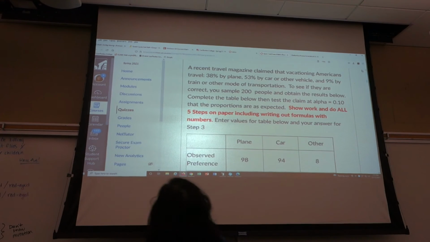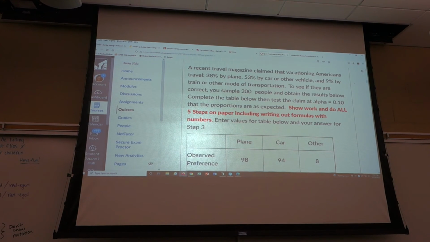So let's see what these are. I have my observed, which are 98, 94, and 8.